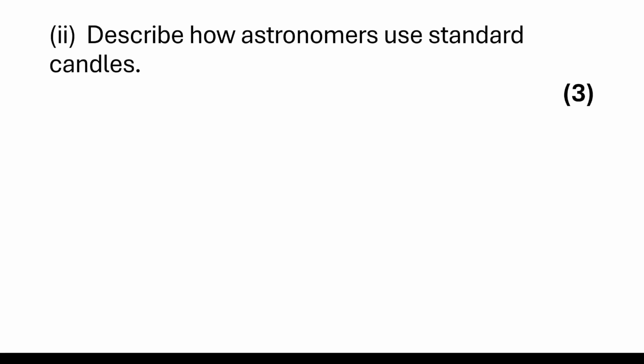Okay, so first, we know the luminosity of the standard candles. What we do is we calculate the flux or intensity on Earth. Another word for intensity is flux. So measure the intensity on Earth: apparent intensity, apparent brightness, flux on Earth. Use the inverse square law. The inverse square law is I equals L over 4 pi d squared, to calculate the distance.